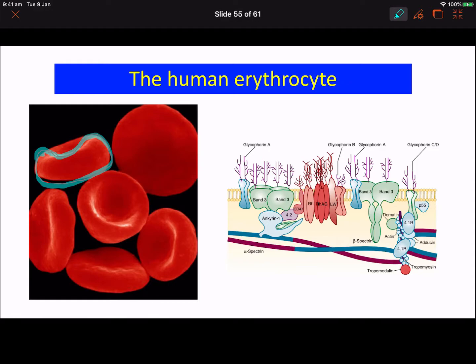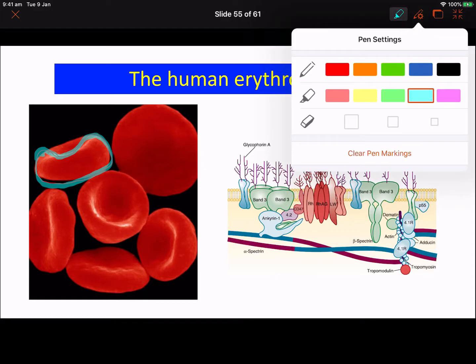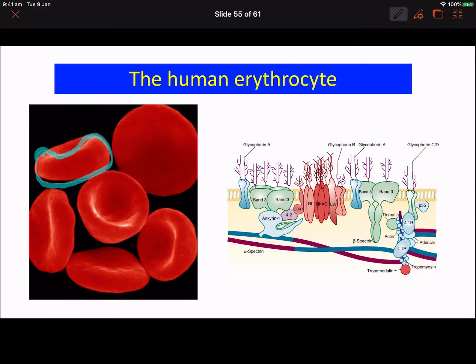Now, if you can imagine, for red blood cells to carry a bucket load of hemoglobin, we probably need to give some of the contents of the cell away. So therefore, in order to carry a truckload of hemoglobin within the red cell, red blood cells have given away their nucleus and all their organelles.